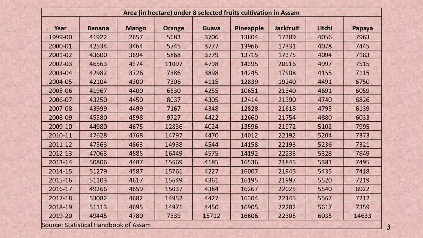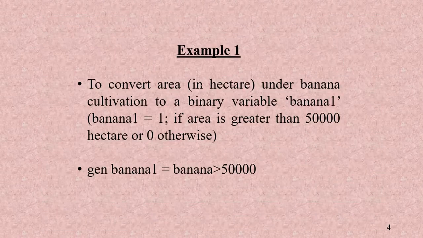For practical use, I am going to use this particular data set, which is about area in hectare under 8 selected fruits cultivation in Assam. Now, let's start with an example.